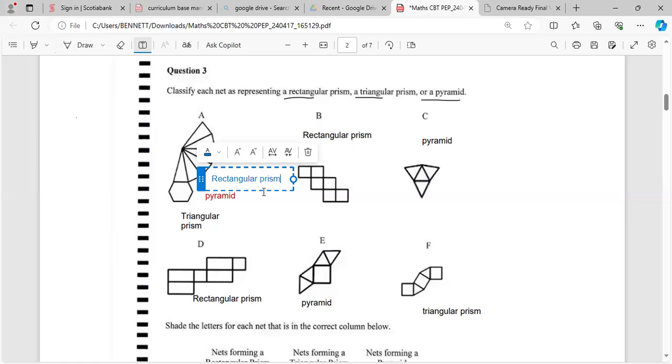All right. Critique again, guys. Which other one do we disagree with? E. E? Yes, sir. E is what? It's not a pyramid? No, I think it's a triangular prism.